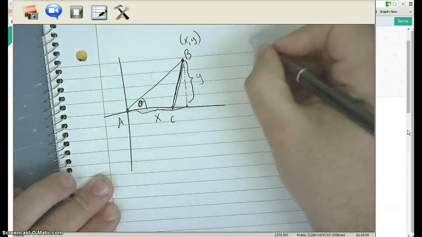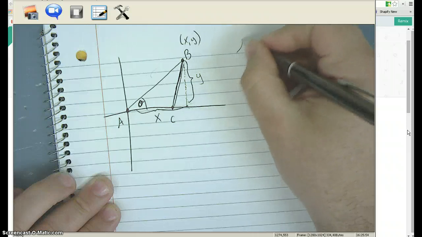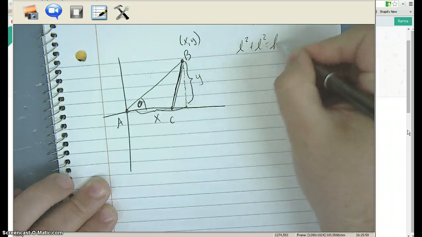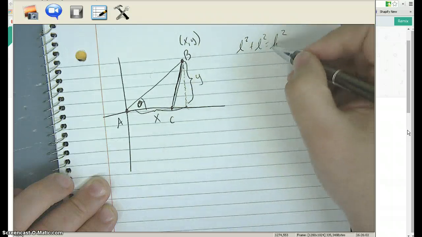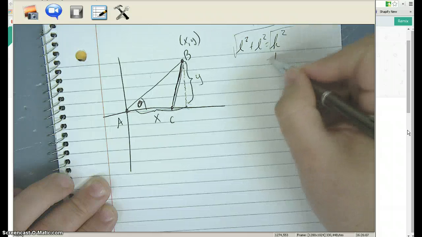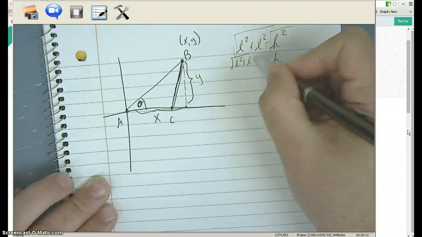Well, you would know that if we take leg squared plus leg squared, that's equal to the hypotenuse squared, right? So in this case, if we square root the hypotenuse, then it is equal to the square root of leg squared plus leg squared.